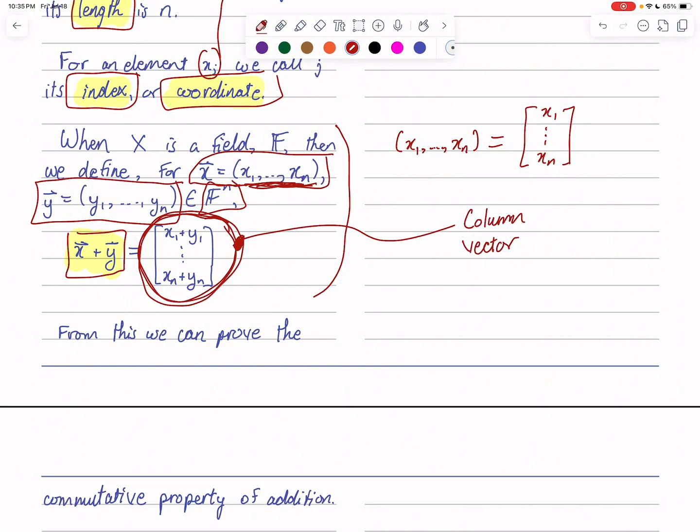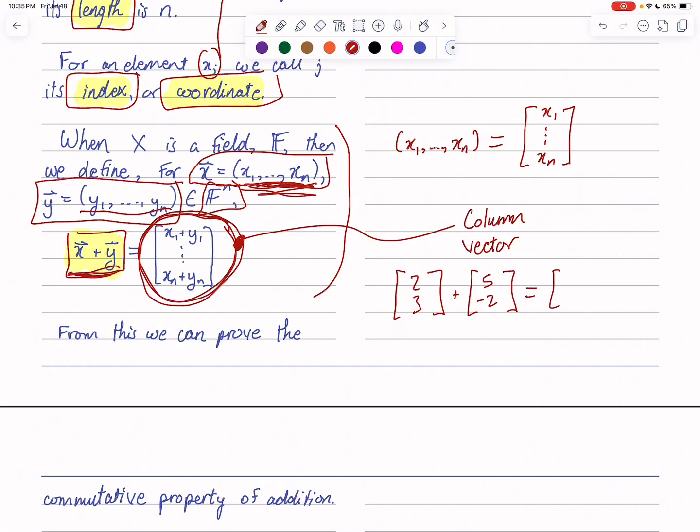I'm sure we'll talk more about such concepts later. But the important thing I want to focus on with this equation is that if you have this list with x1 through xn, and another list y1 through yn, and we talk about adding the two lists together, how do we do that? What does it mean? For instance, suppose I have the list 2, 3, and I add it to the list 5, negative 2.